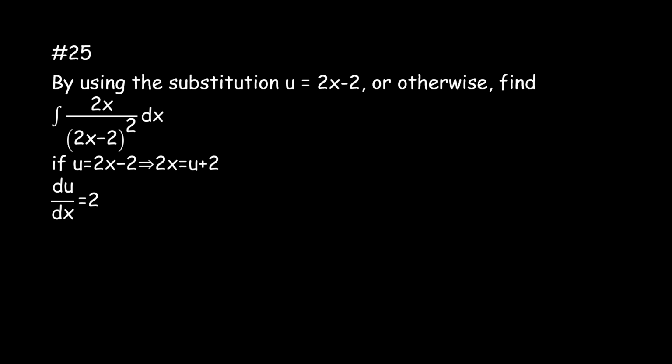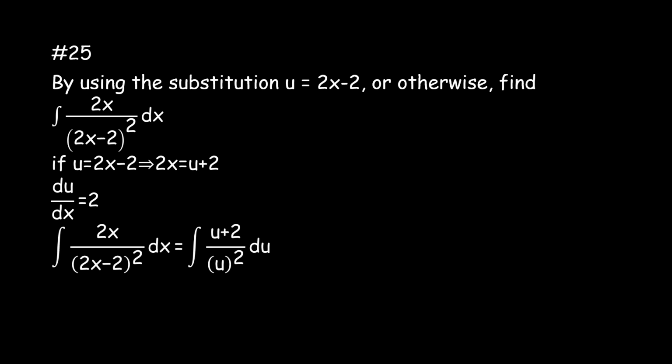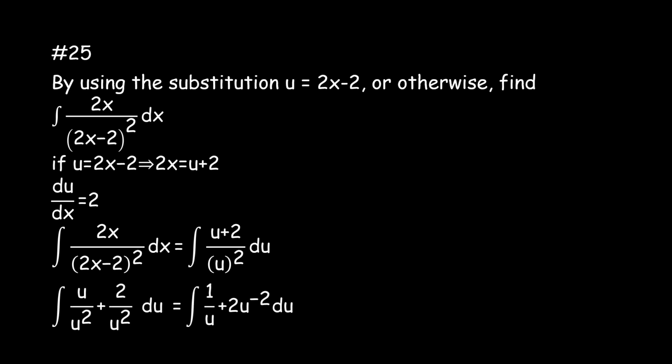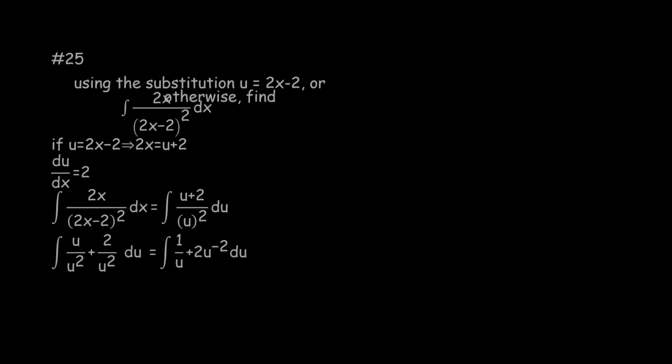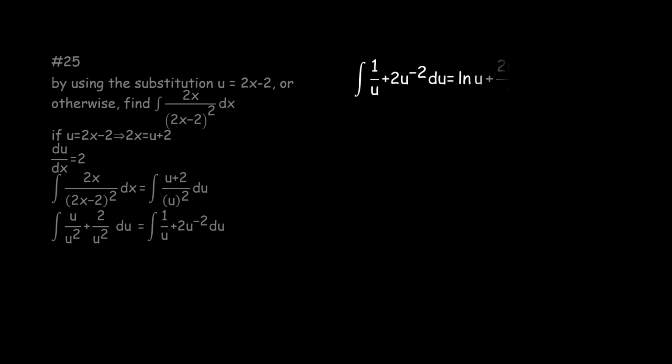In this case, we would have the integral of u plus 2 over u squared. Then we give each of them a denominator of u squared once again, and we have the integral of 1 over u plus 2u to the power minus 2. Integrating this, we should have the natural log of u plus 2u to the power minus 1 over minus 1, plus c, of course.